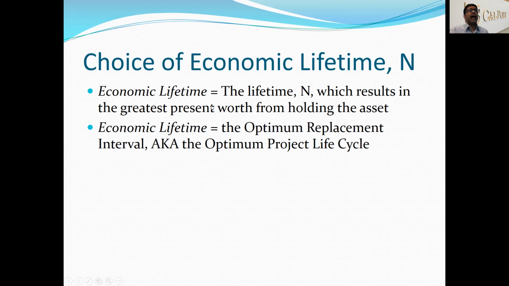So instead of having that N to put in your formula, now you're trying to solve for N. You're trying to solve for the capital N or the life of the asset. So when you calculate net present worth, again, you do it over multiple periods of time, and then you figure out, okay, which gives me the maximum net present worth.